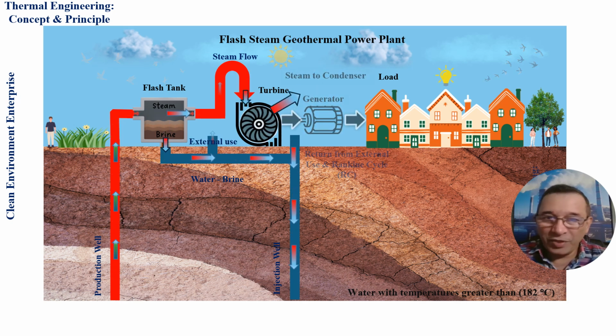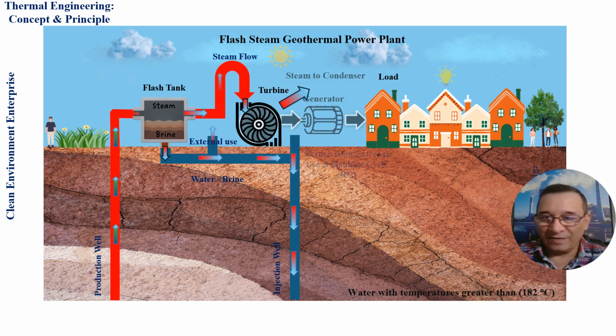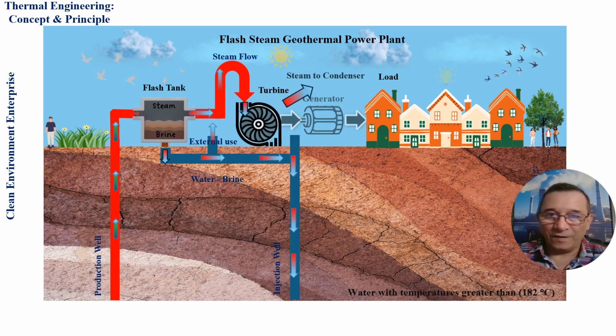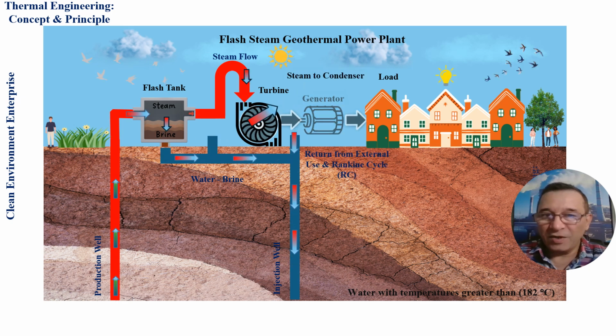With the help of a generator, we convert the energy, the result of the change of energy from the steam to rotation of the rotor and the blades.